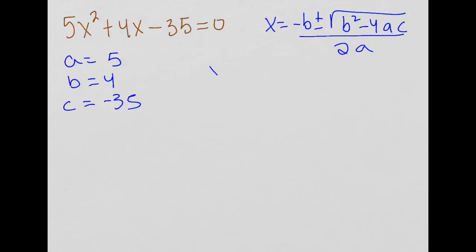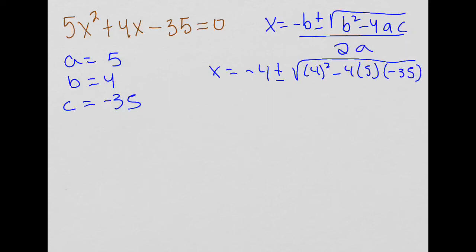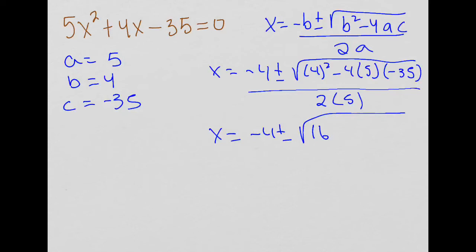We got it. Substitute. Negative 4 plus or minus the square root of 4 squared minus 4 times 5 times negative 35. Negative 4 plus or minus, 4 squared is 16.